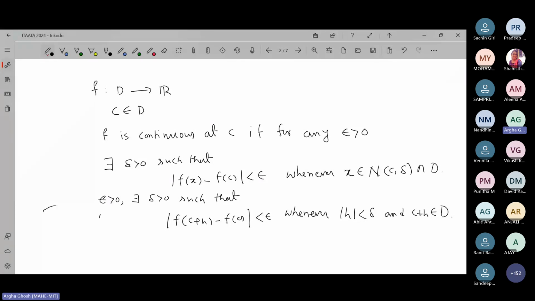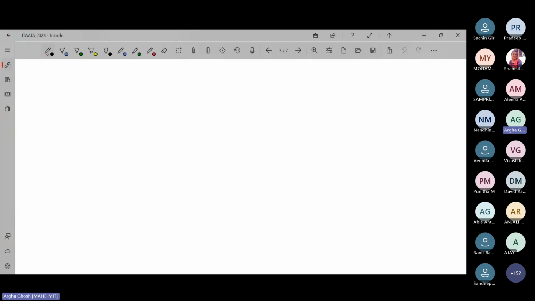So let's say c is an isolated point. Let me make a remark. Let c belong to D be an isolated point. Can you tell me what you mean by an isolated point? c is an element of D and is an isolated point. What is the meaning of it?